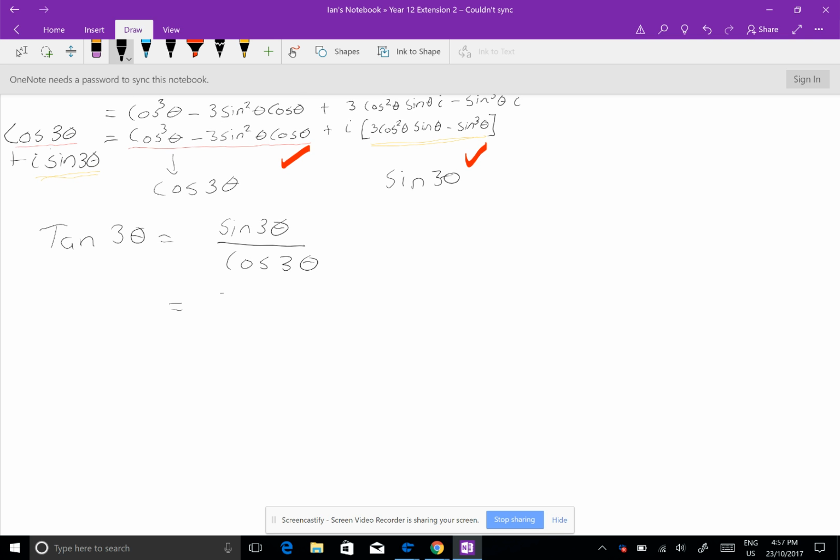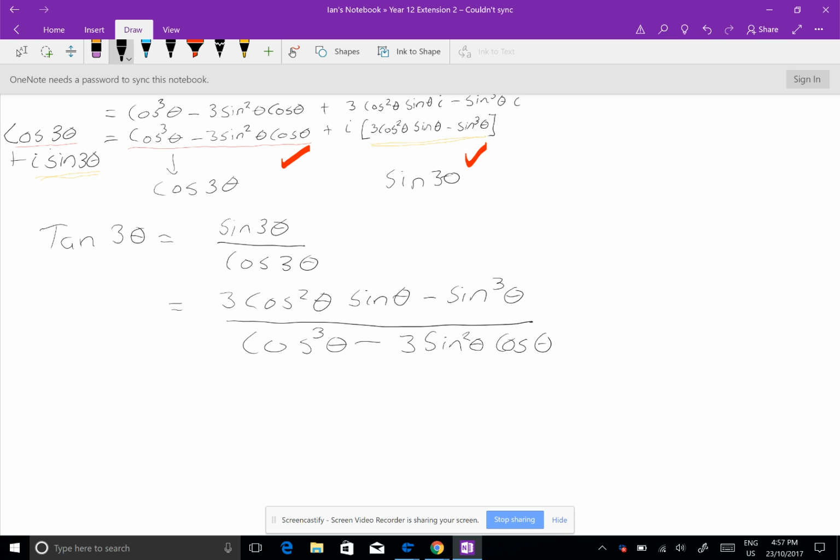We'll put in 3 cos squared theta sine theta minus sine cubed theta all over cos cubed theta minus 3 sine squared theta cos theta.